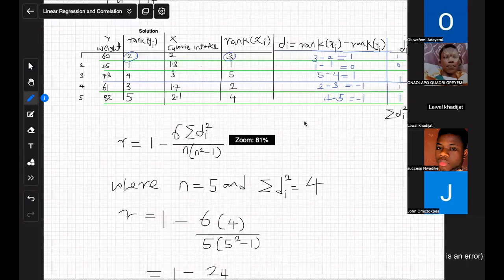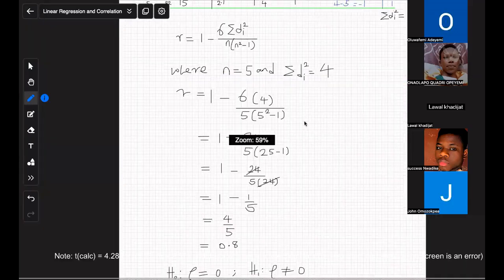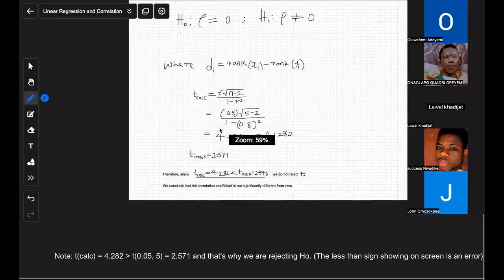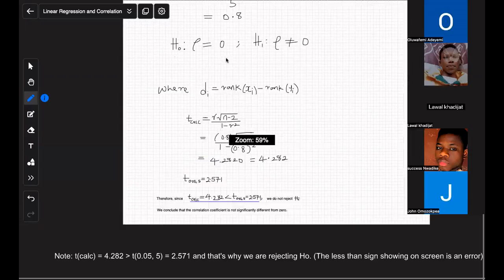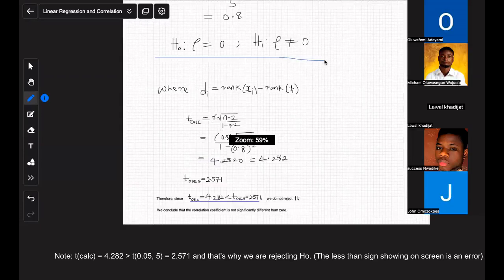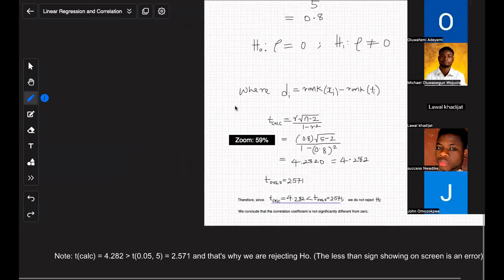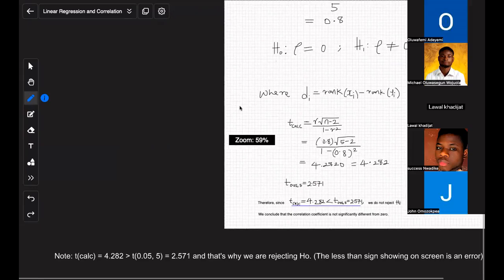We can continue. Now, after we are done with that, we need to test the hypothesis about the correlation coefficient. What we are trying to do is just to see if what we have obtained can be used to make conclusions.